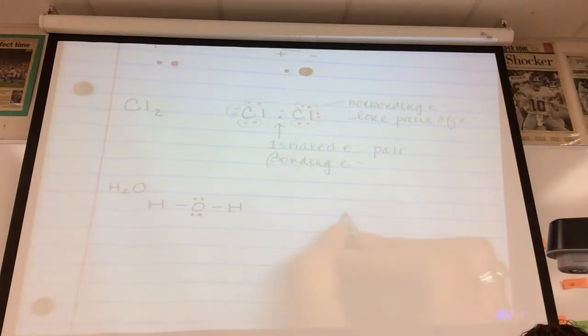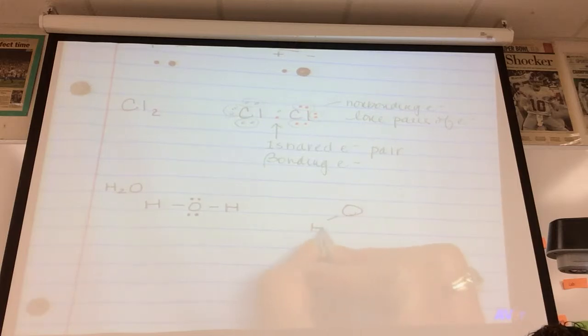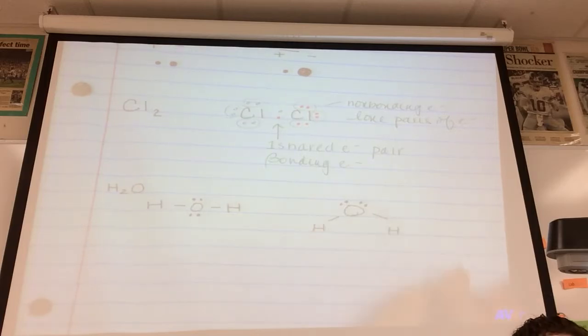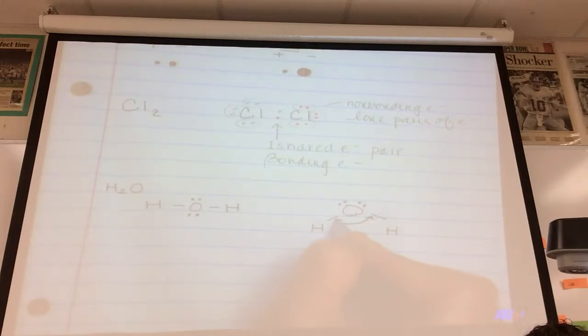But what you're remembering from last year, which is wonderful, is something called VSEPR, and it has a bent molecular geometry with a bond angle of 104.5 degrees.